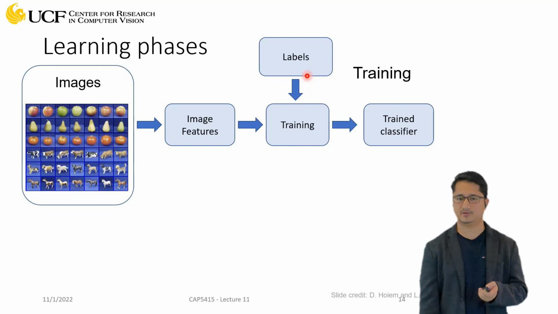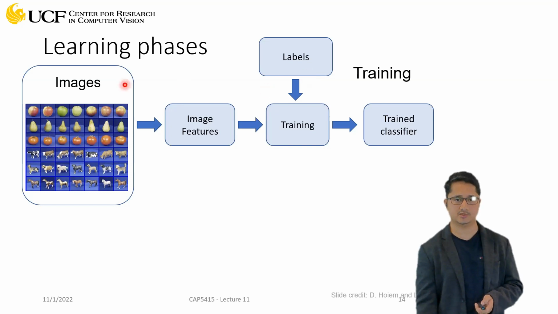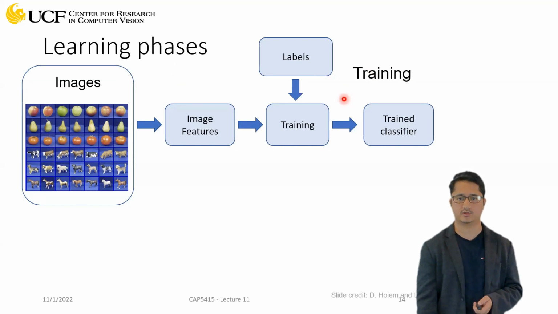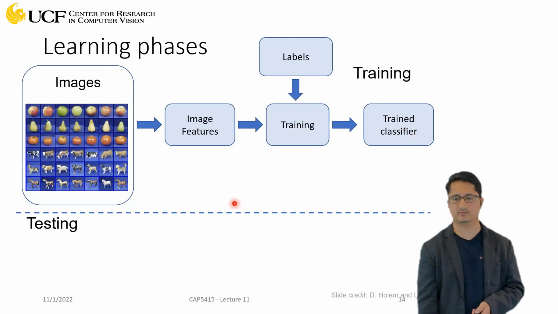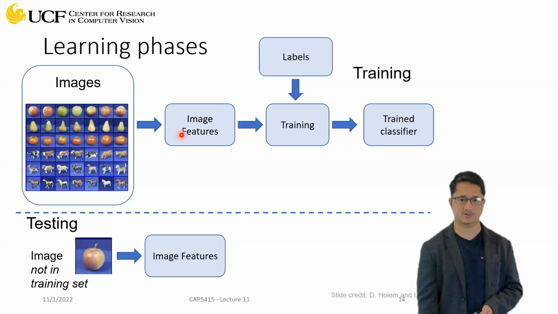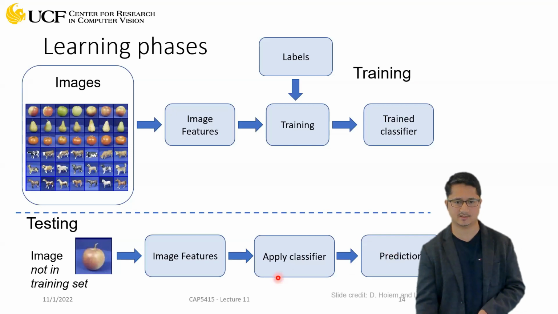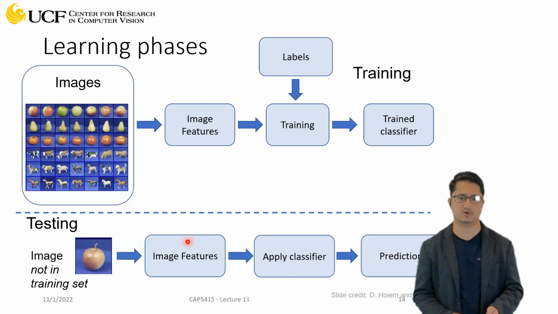In classification, you will only need to know which object is present in your training samples. That will give you the training signal, for which you can have a loss function. At the end of this, you will get a trained classifier, which you will run on your testing images. For testing images, you will use the same feature extraction steps, and you will use the trained model to make the final prediction. And of course, you will have labels for these testing samples, and you can evaluate how well your model is doing.